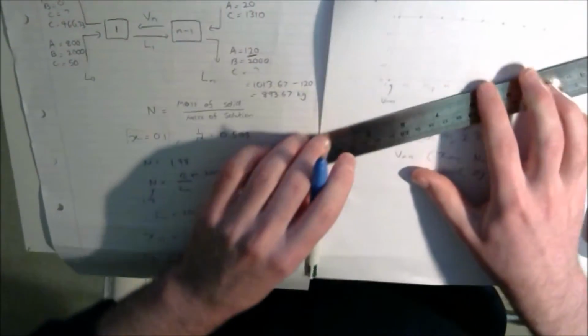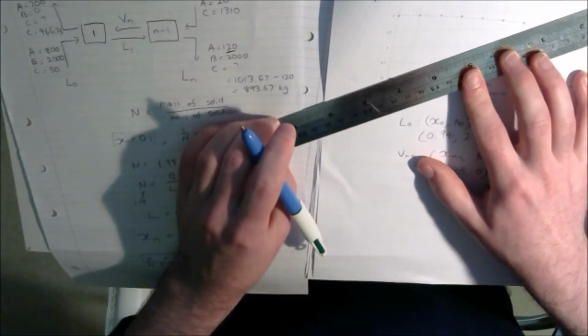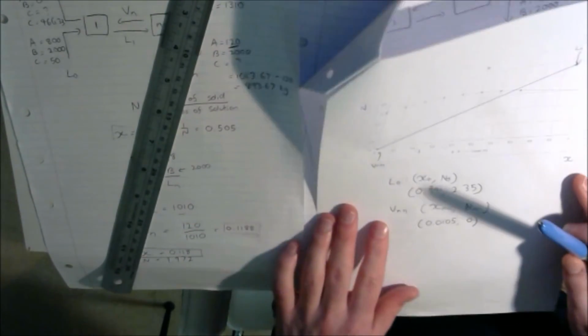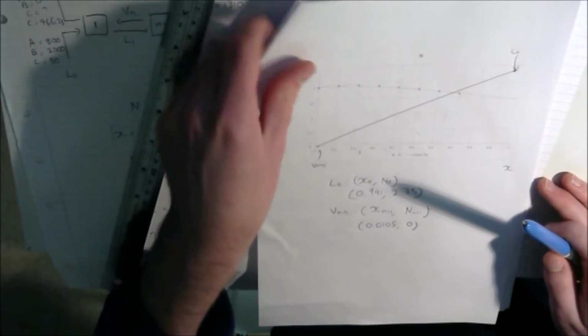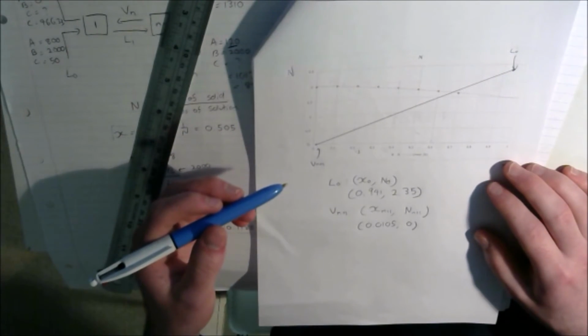So I'm just going to get a ruler and connect those two together, simply joining the dots like that. I hope you can see this. So I've just connected the dots there. I'll try and keep that visible.